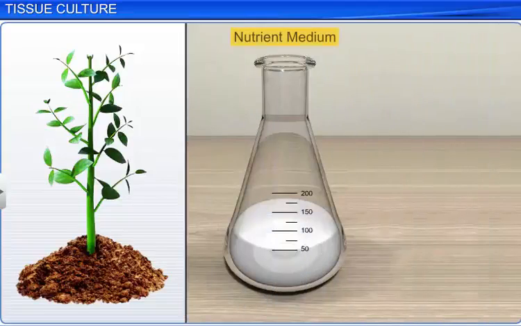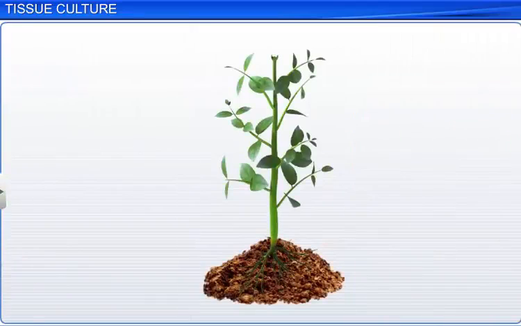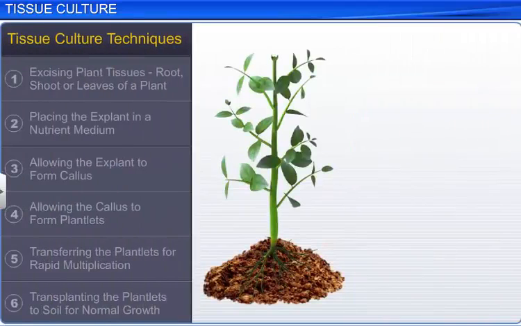It requires a nutrient medium that contains sucrose, inorganic salts, vitamins, proteins, and growth regulators such as auxins and cytokinins. The tissue culture technique involves several steps.